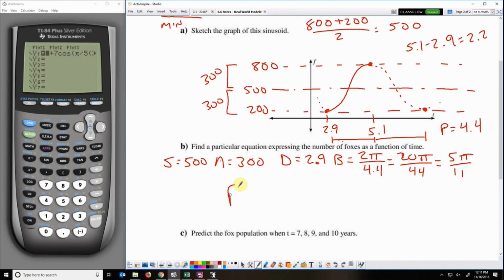So our total number of foxes is 500 plus 300. Actually, that should be minus 300 because I did start at the bottom. So it's minus 300 cosine. B, 5 pi over 11, times time, and then it's displaced 2.9 years, minus 2.9.